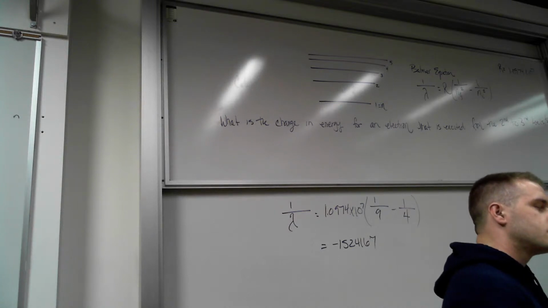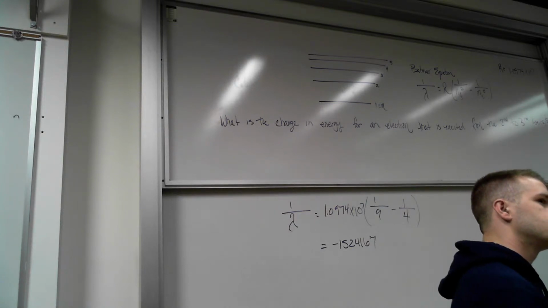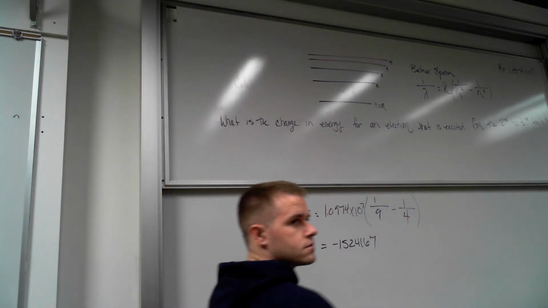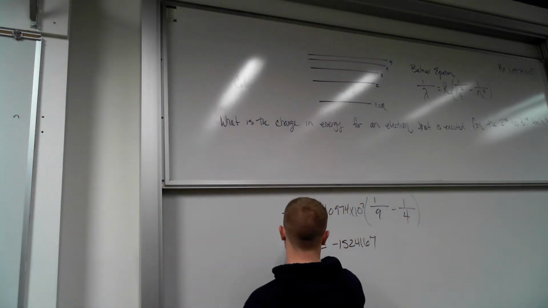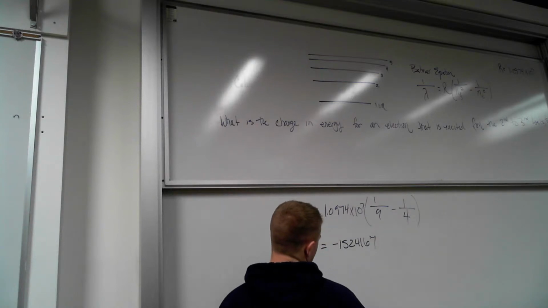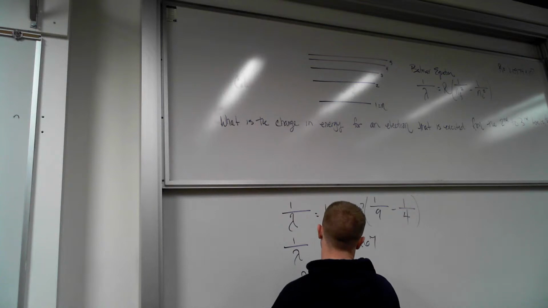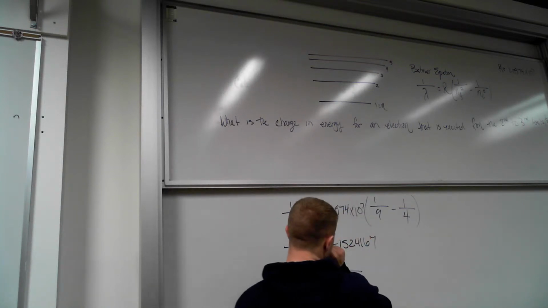Now what do we need to do? So we have 1 over our lambda equals that. So our lambda is equal to 1 over 1524167.